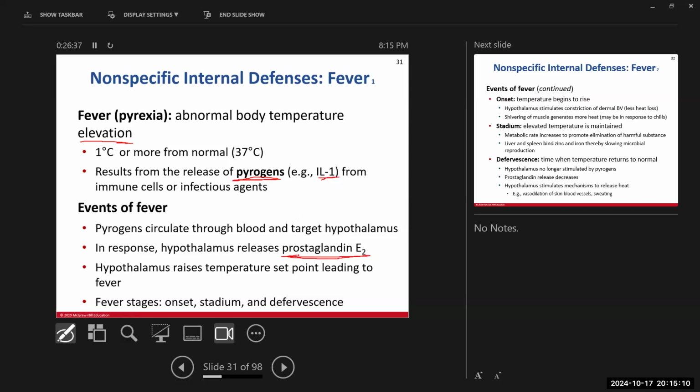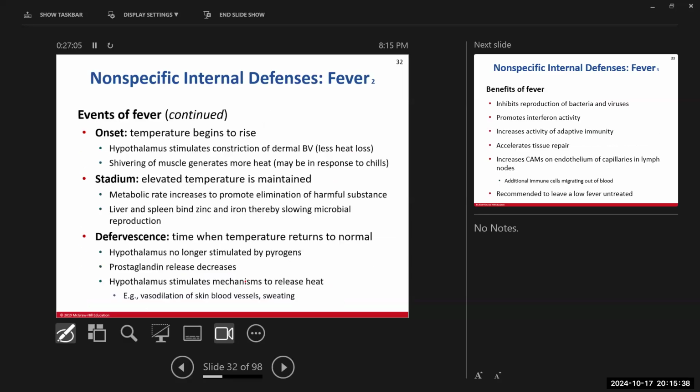So this will change the set point and elevate it, so we'll increase your body temperature. I'm going to tell you in a second what the benefits of that are. But our fever has 3 stages: fever onset, stadium, and defervescence. Those are the 3 stages we'll talk about.